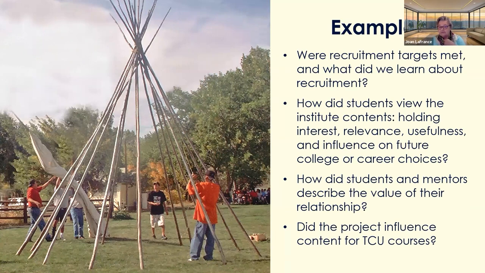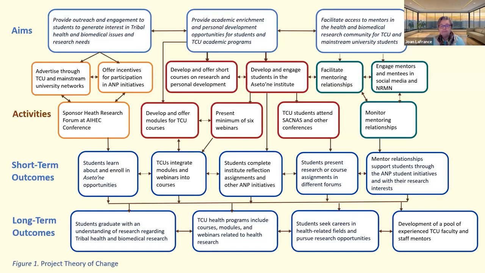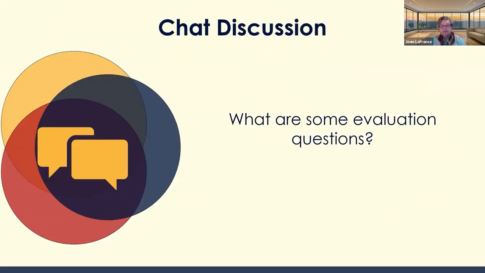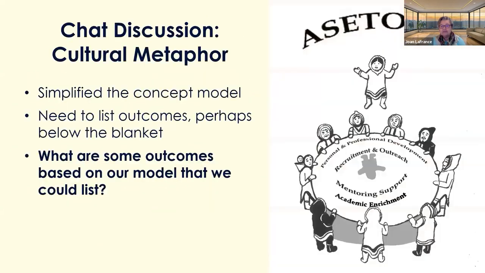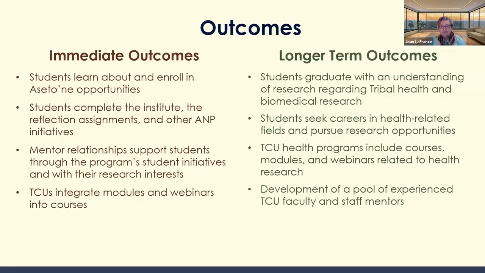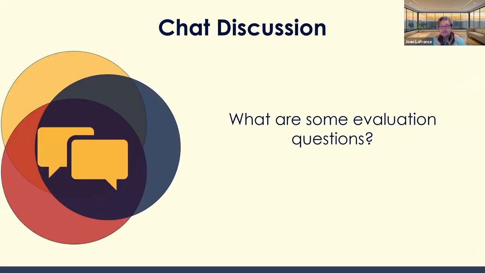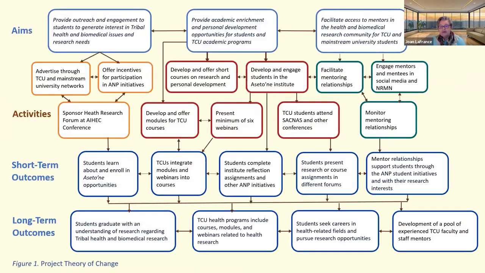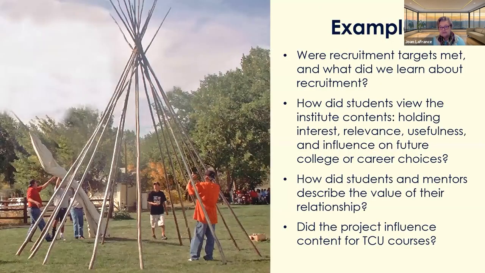How did the students and mentors describe the value of their relationship? And did the project influence content for TCU courses? So from our logic model, we have built a set of assumptions. And those assumptions led to evaluation questions.